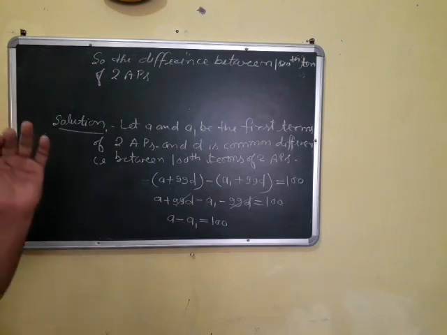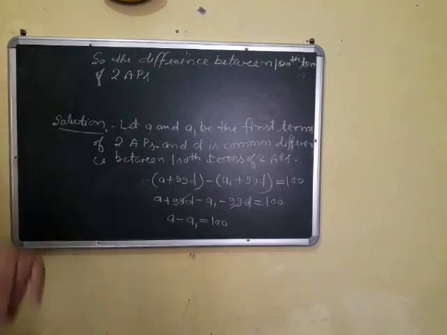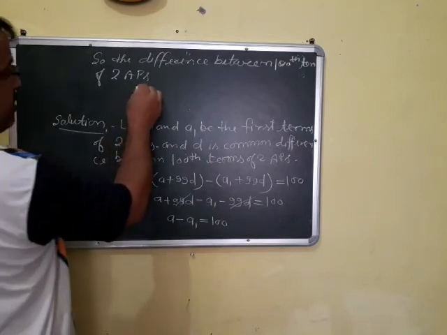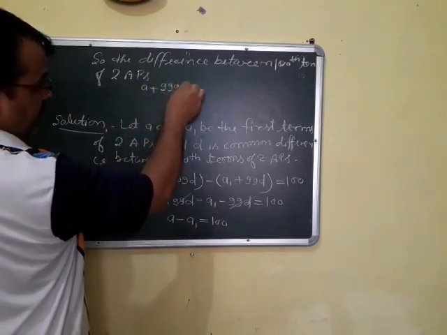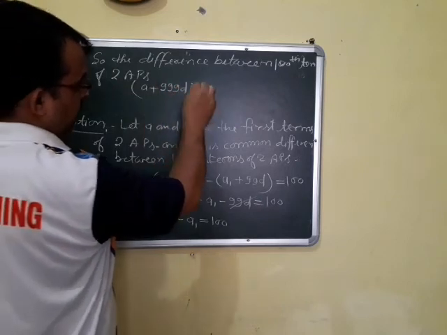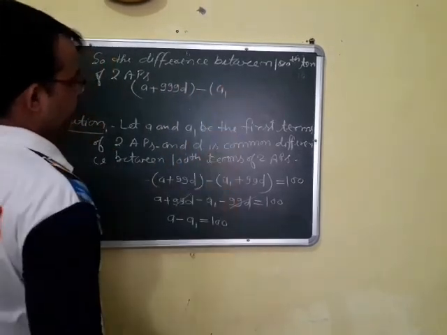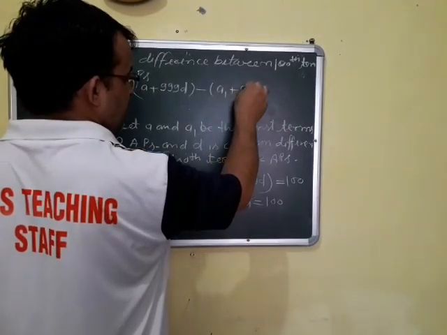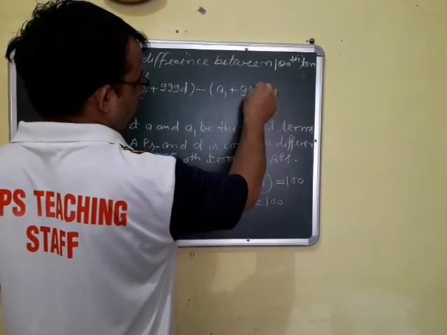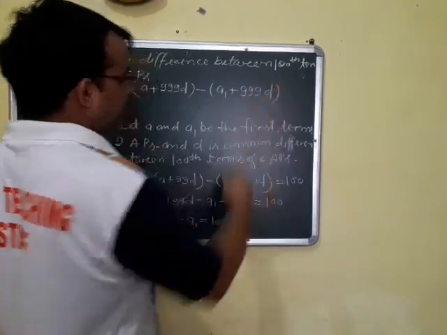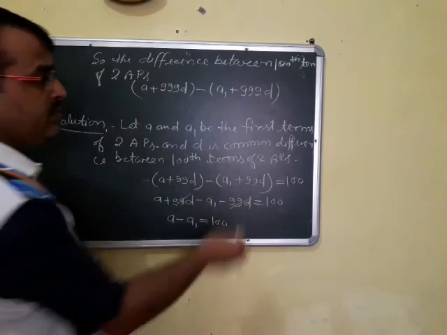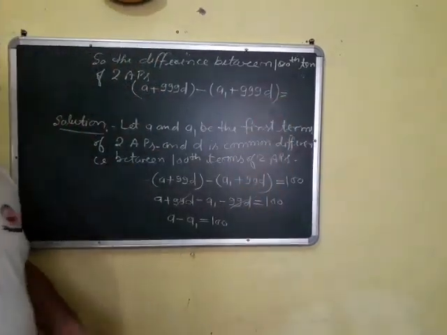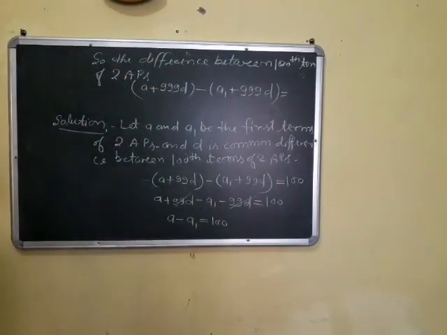So what we find here is the difference of the 1000th terms of 2 APs. So we get a plus 999d minus a1 plus 999d, and this is equal to what we get, the common difference.